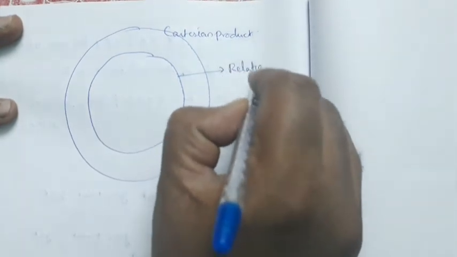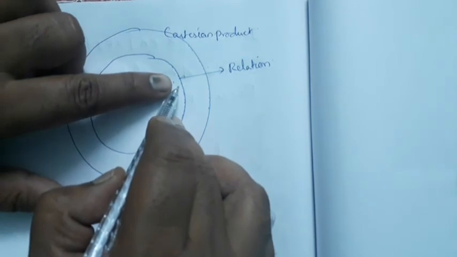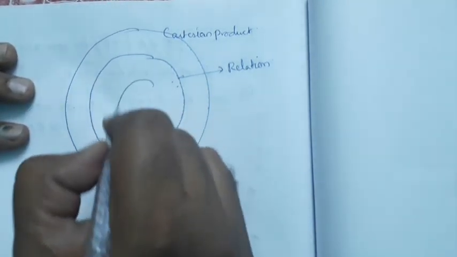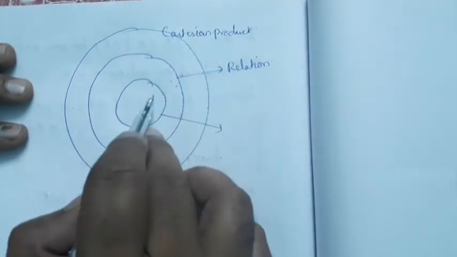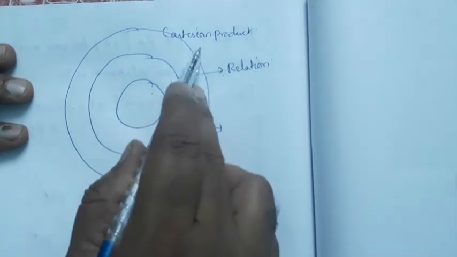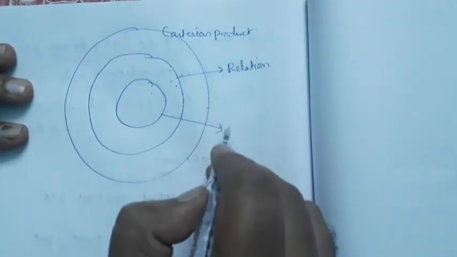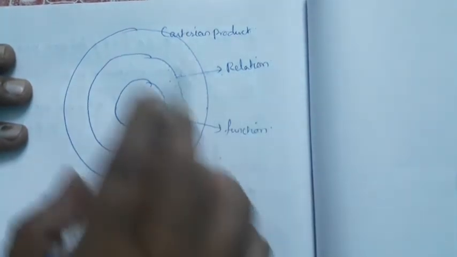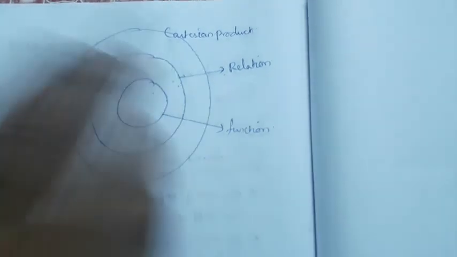So it's clearly seen that the relation is a subset of the Cartesian product based on some specific condition. And once again, a function is a subset of relation. So function is a subset of relation, relation is a subset of the Cartesian product, and in a function, for every input you get only one output. Clear?